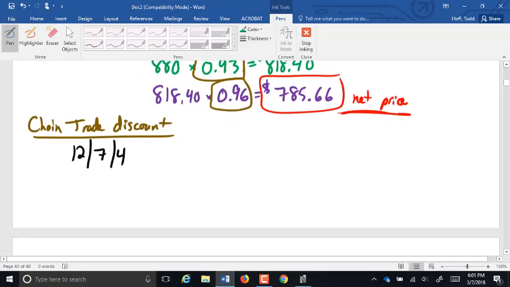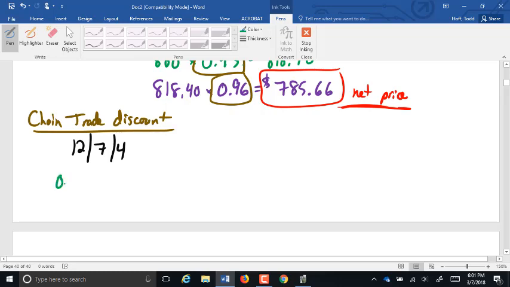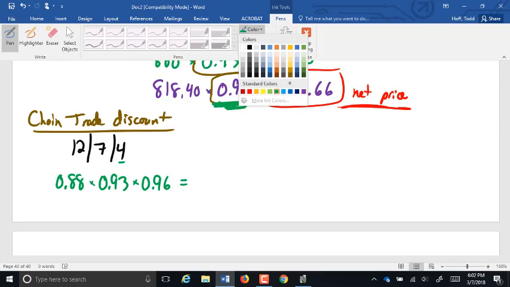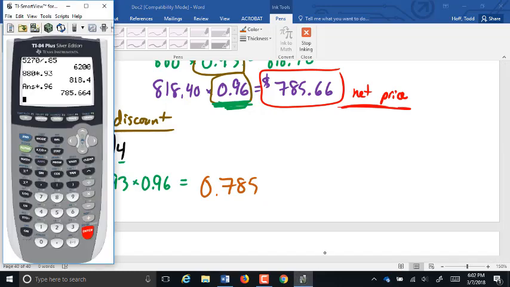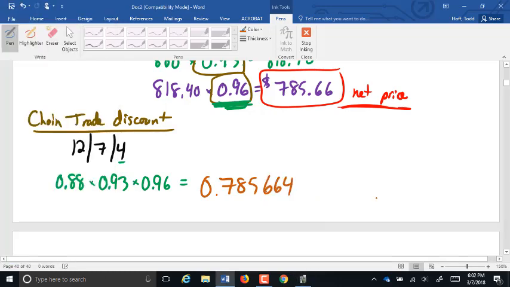I could just take, well, 100 minus 12 is 88, so 0.88, times 100 minus 7 is 93, so 0.93, times 100 minus 4 is 96, so 0.96. Those are just the percents I multiplied by here at each step. I'm just putting them all together. And if I multiply those all together, I get 0.785664. That number there is called the net decimal equivalent.